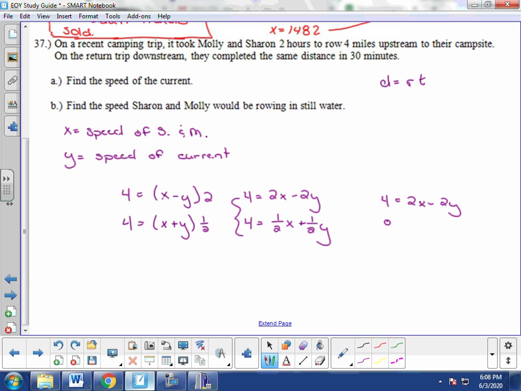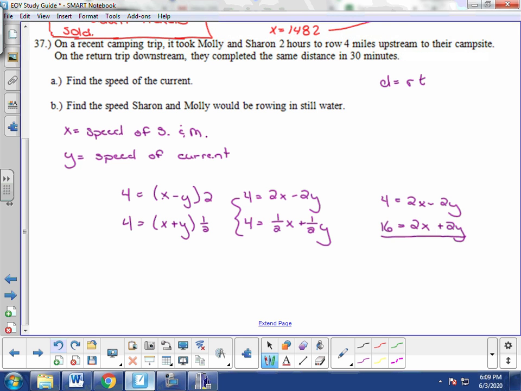Sorry, I'm not going to double. I'm going to have to multiply these by 4. So 16 equals 2x plus 2y. So I'll multiply this entire equation by 4 there. And then I can combine the two equations to eliminate.